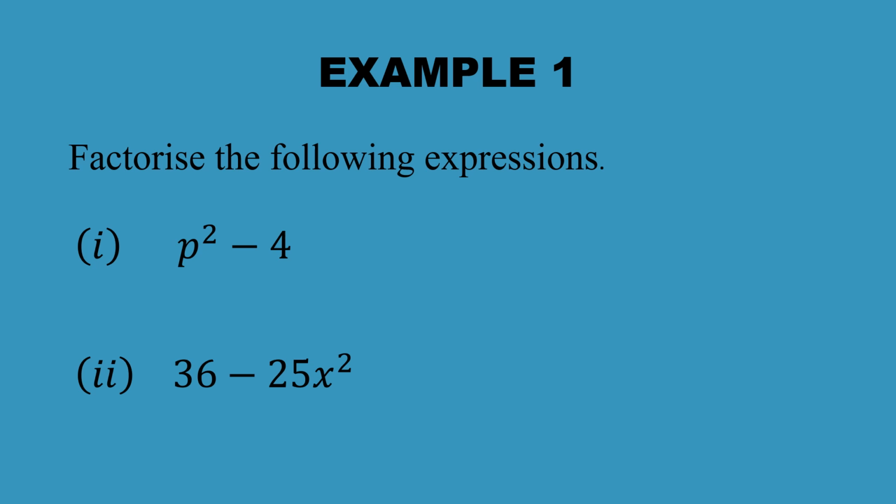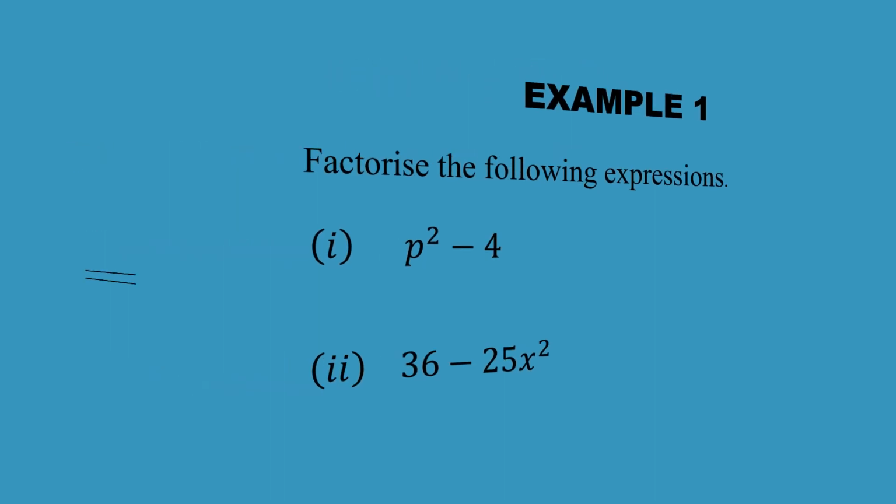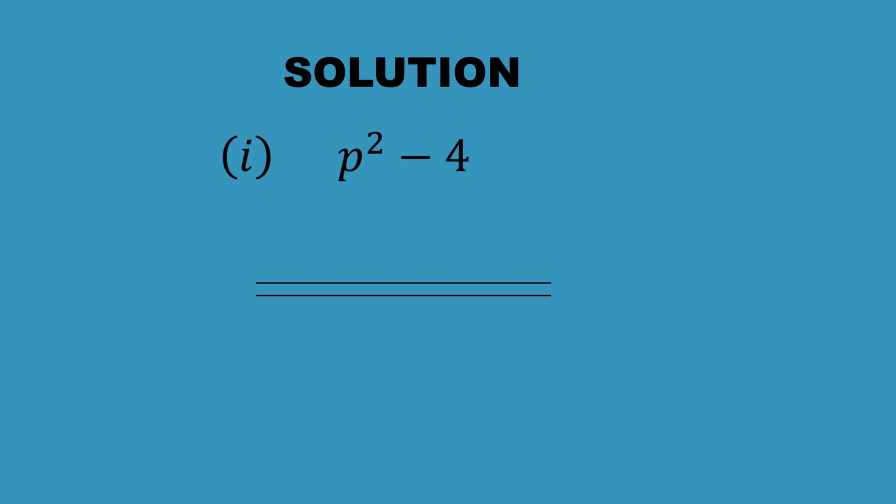Much of talk, let's jump into the solution slide. Solution. p squared minus 4. This is a difference of two squares. So what will be its result when you go by the formula?